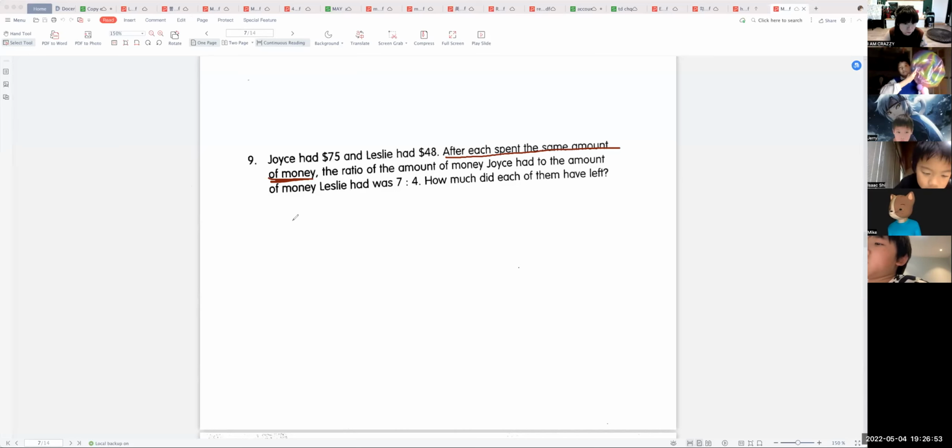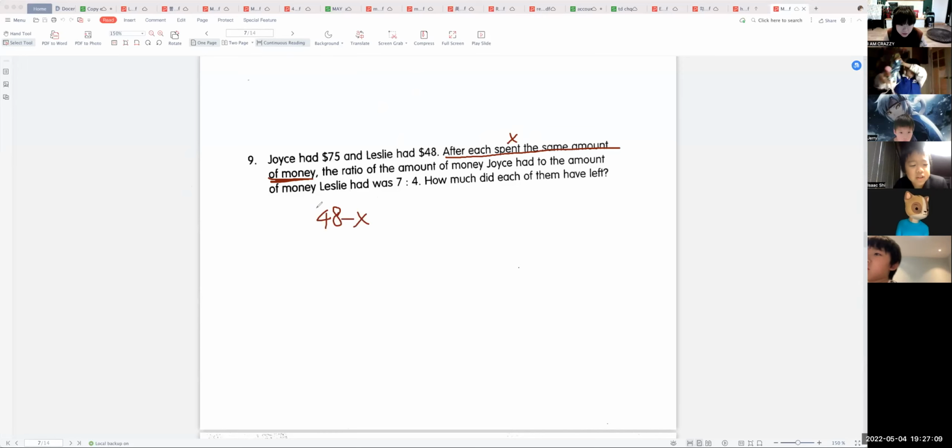Okay, so because they spend the same amount of money, let's say they're each spending X. So 48 minus X, and 75 minus X, equals 7 to 4. So how do we do it? Remember I said 叉叉大法，对不对?